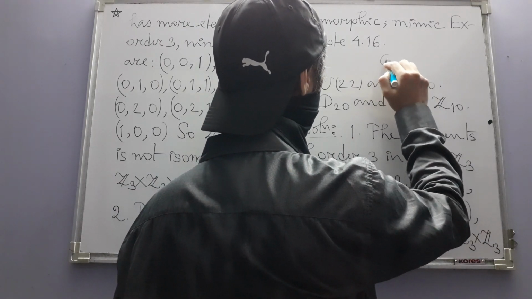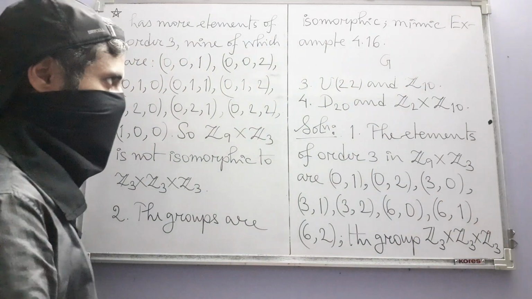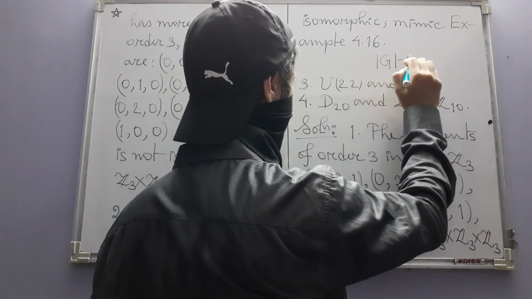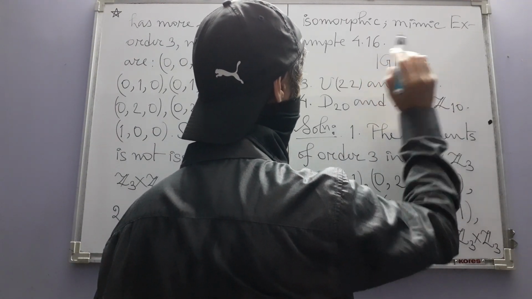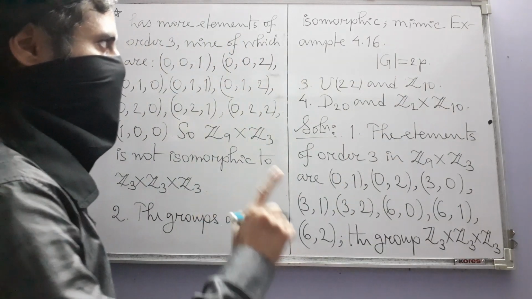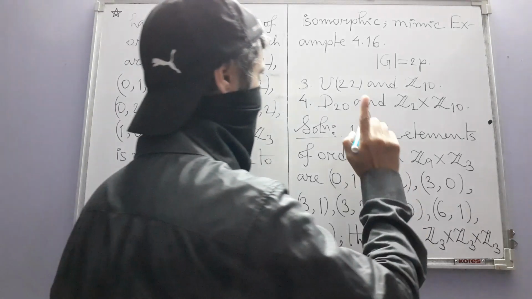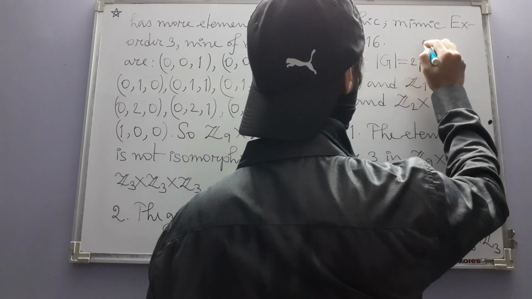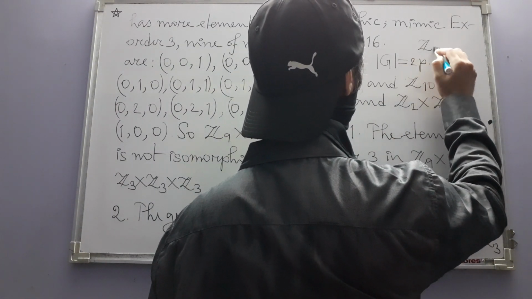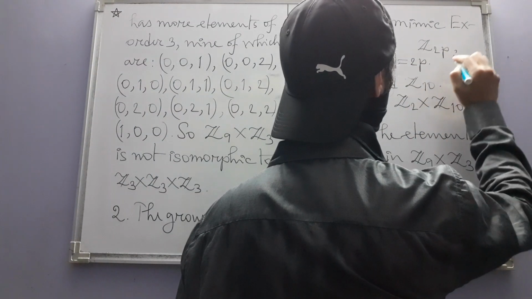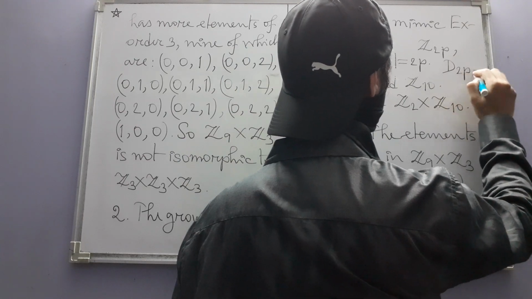You go back to the section, and there you see that if G is a finite group whose order is of this form 2 times P, where P is an odd prime, okay, then G is either isomorphic to Z2P or the dihedral group D2P.